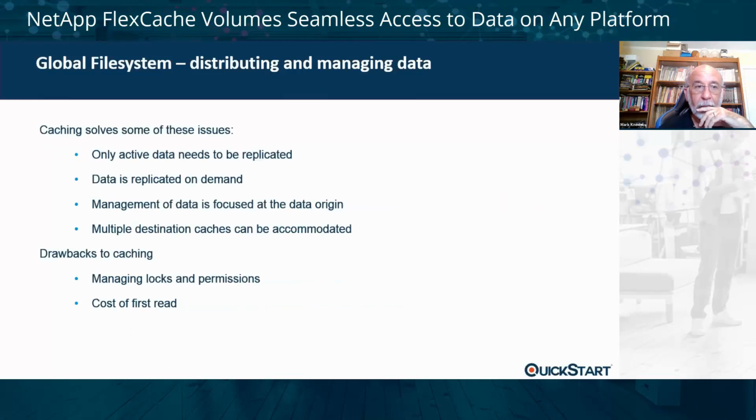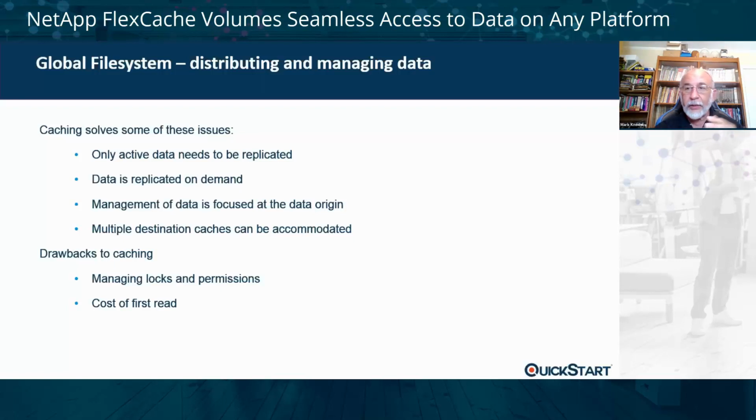So the approach that NetApp is focused on right now is caching. The basic idea is we present a kind of virtual volume that is available in different locations. As users in those locations access that virtual volume, data is moved up toward them.